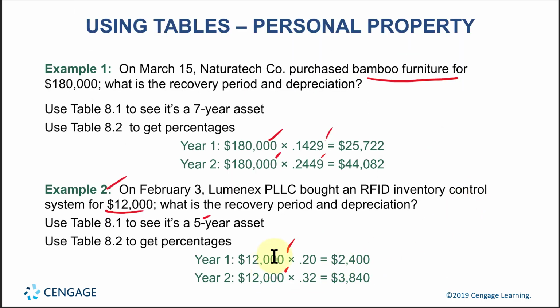And you multiply it by the same cost, by those different percentages each year to get that year's worth of depreciation. So it makes it much more objective. Find the class life, 5 or 7, find the percentage, and you multiply it by the cost, and that's your depreciation for the year. That's for personal property, not real estate.